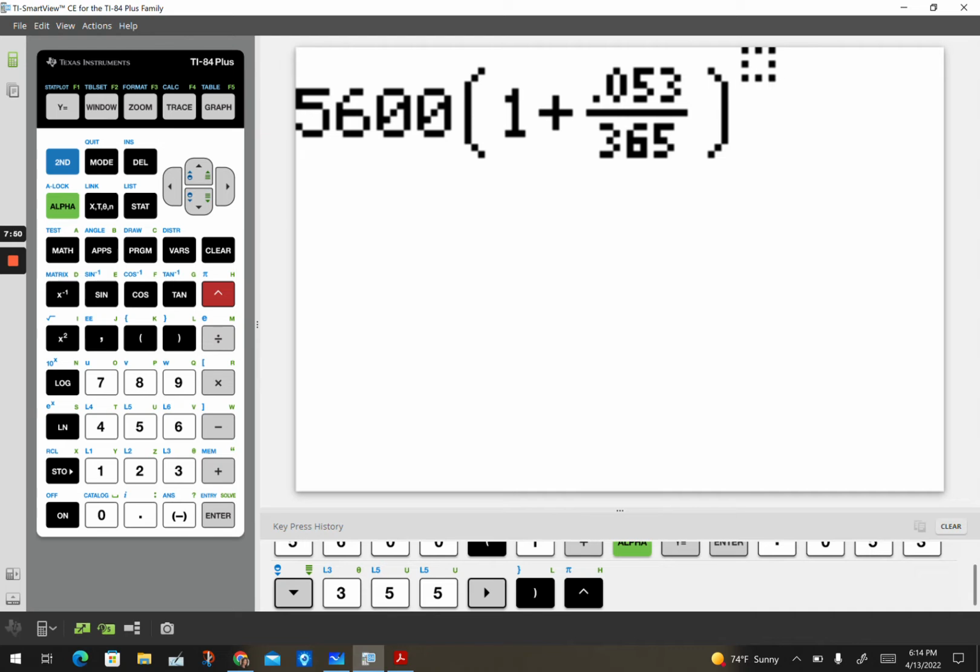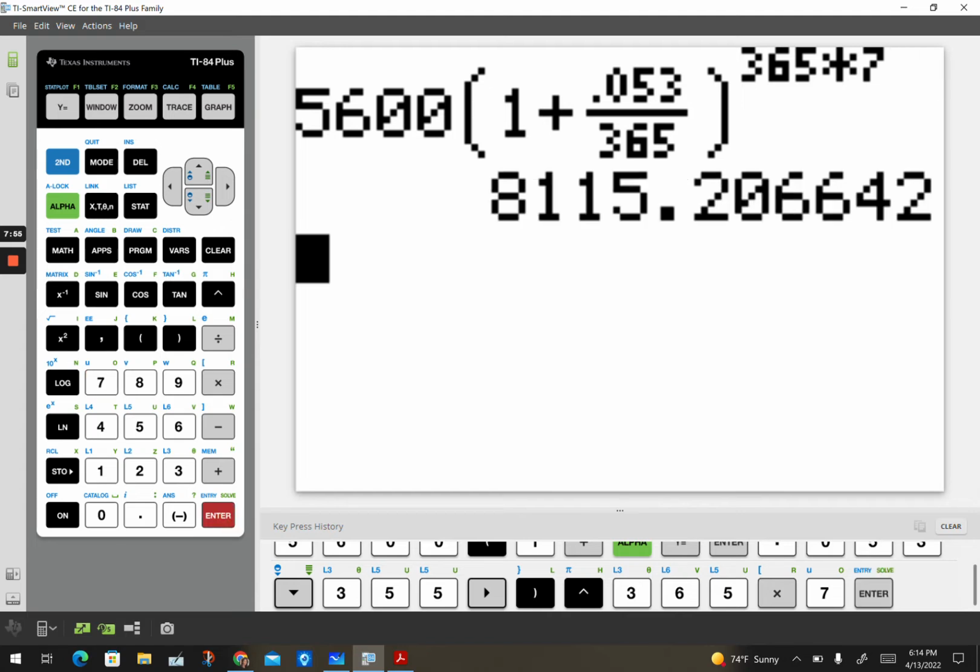And when I hit enter, we're going to end up with 8,115 point. If I round it to the nearest cents, it's going to be 0.21. So let's write that down, and then I will tell you what we need to do.